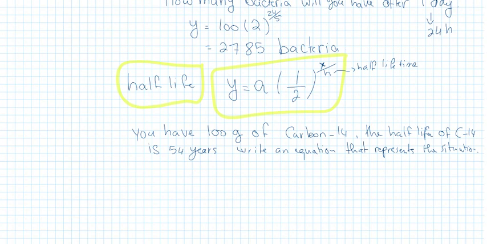So how would I write this? A is 100 grams, and your h is 54 years, because it's decaying by half every 54 years. So y is equal to 100. What's my base? One half, and I know that because it says half-life.